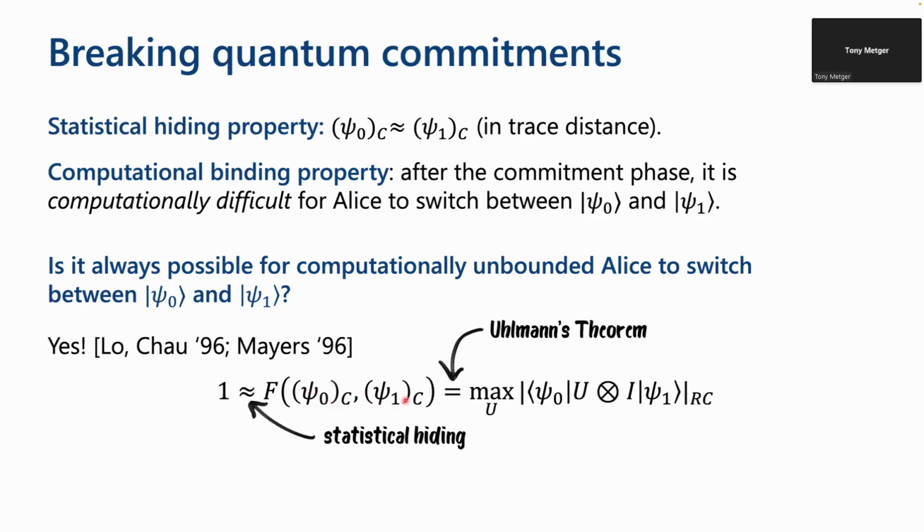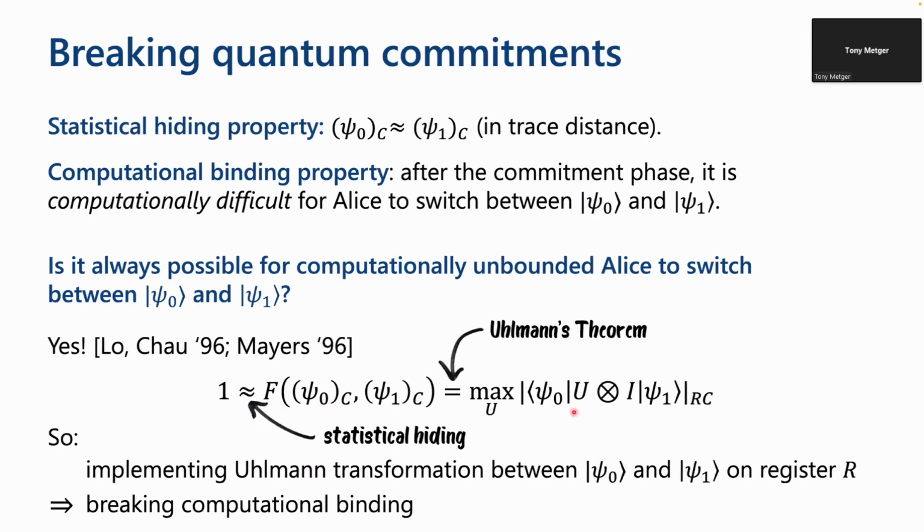You have these two commit registers. They're close in fidelity, because that's the statistical hiding property. It says these two look identical to Bob, so the fidelity is basically 1. But now by Uhlmann's theorem, the fidelity being 1 means that if Alice only acts with a unitary on her side, the optimal unitary must map these two identical states to each other, which means this Uhlmann unitary is precisely the unitary that would break the commitment.